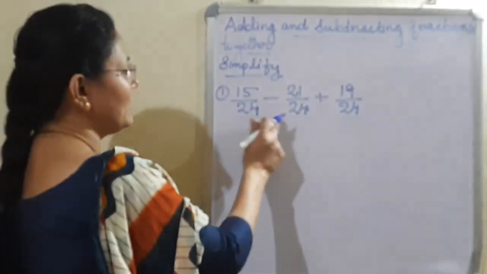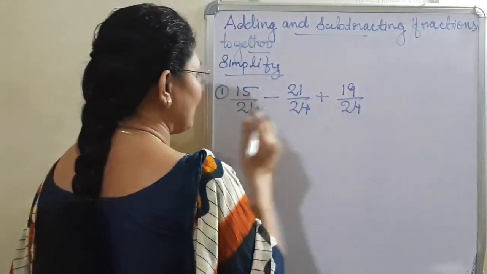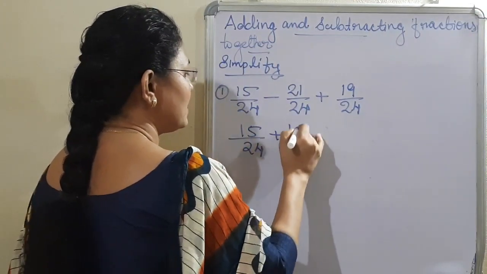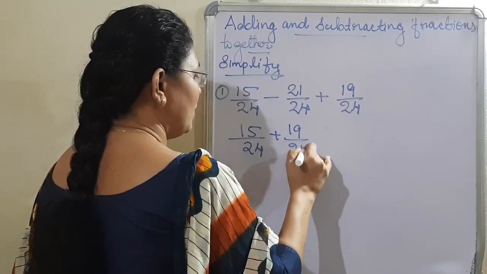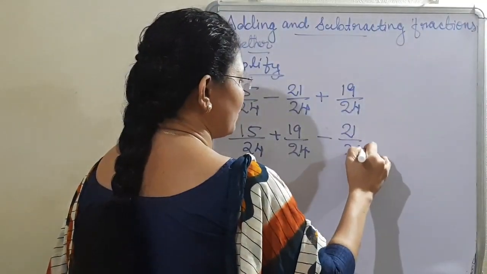Now look here. In this question we have to add 15 by 24 and 19 by 24, and from this sum we have to subtract 21 by 24.